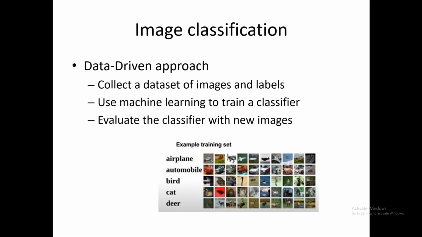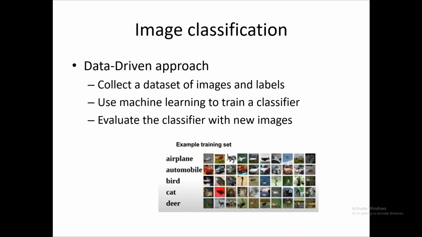Rather than sitting down and writing hand-specified rules to craft exactly what is a cat or a car or a bus, we will collect a large set of many cats, many dogs, many cars and different objects of different categories, and then we train a machine learning classifier.